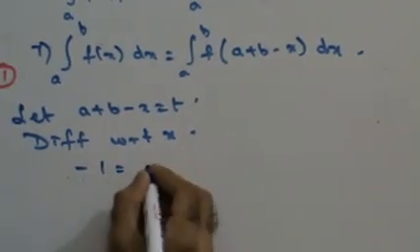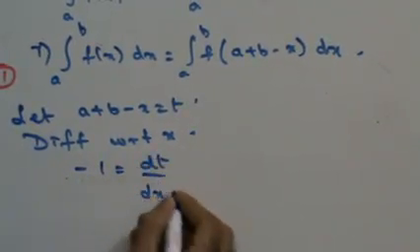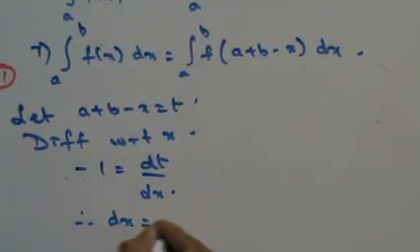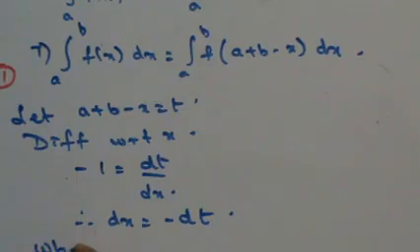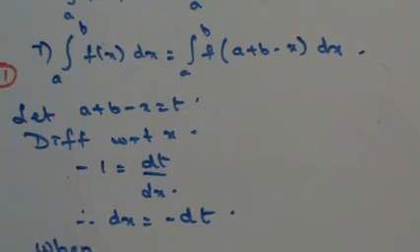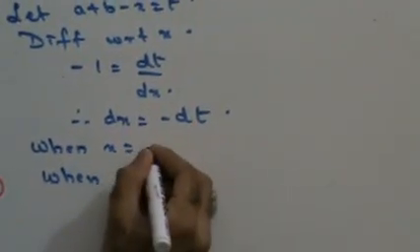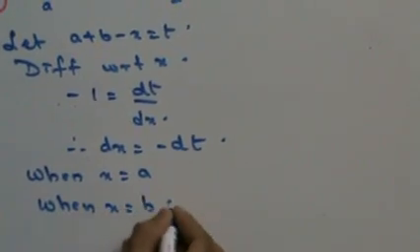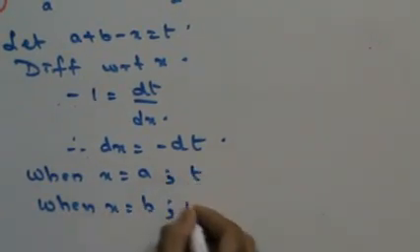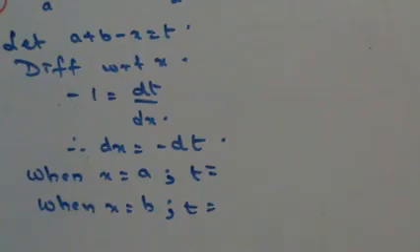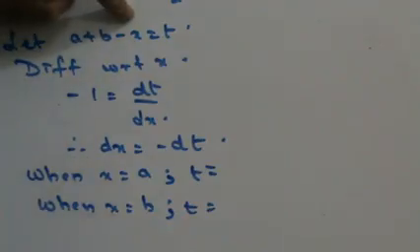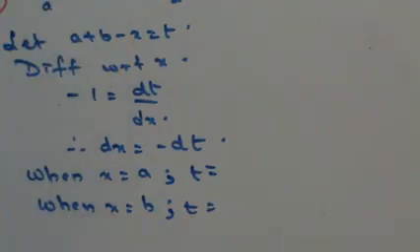So minus 1 is dt by dx. Therefore, I can say that dx is minus dt. Now, since I am substituting, I have to substitute the limits also. The value of x is a and b. Now, when x is a, if I substitute the value of x as a in this equation, I'll get t as b. When I substitute x as b, I'll get t as a.